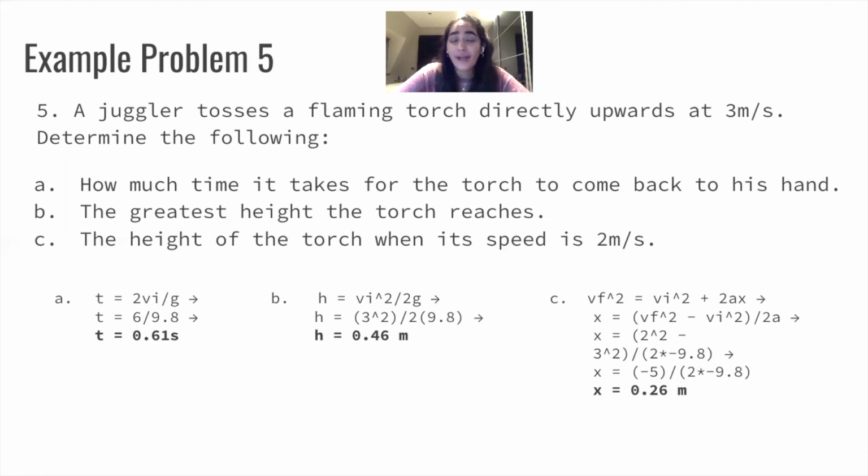We do know the initial and final velocity of the time, but not at a specific location. But we do know the final velocity, the initial velocity, the acceleration, and we're going to be solving for x in this situation. So this formula is absolutely perfect. Just plugging in the values again, and we get that x is equal to 0.26 meters.